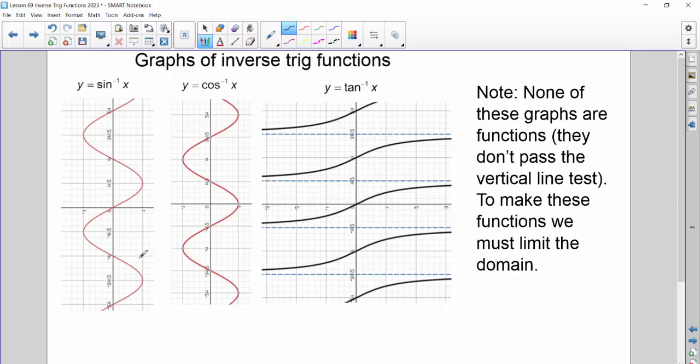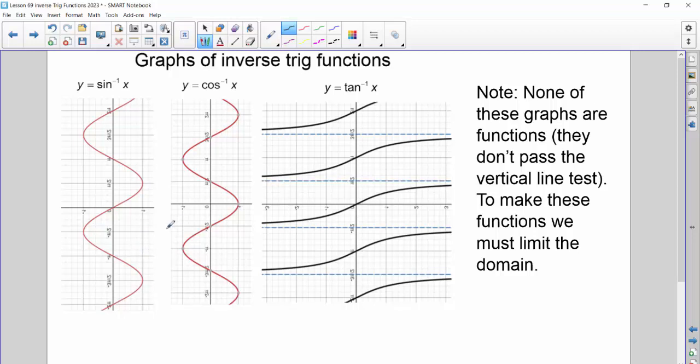So you'll notice at sine I have a 0 angle and a 0 value. Now, at a pi over 2 angle, I have a value of 1. At a pi angle, I have a value of 0, etc. So these are graphed in an inverse way, where I have the x values really on the y-axis and the y values really on the x-axis.